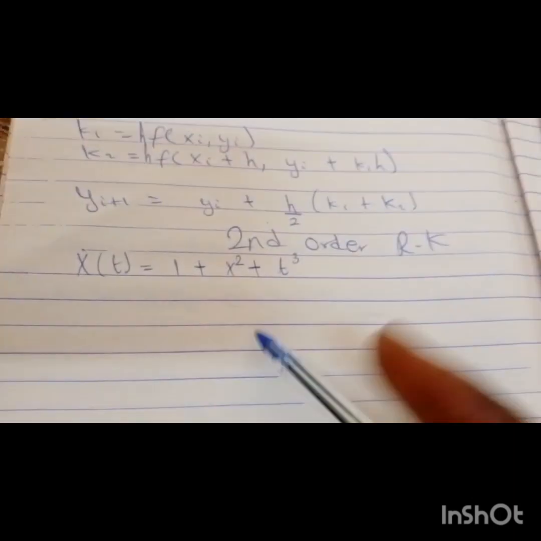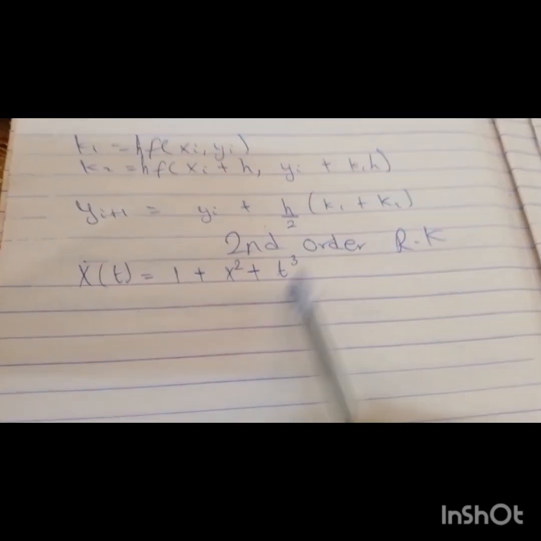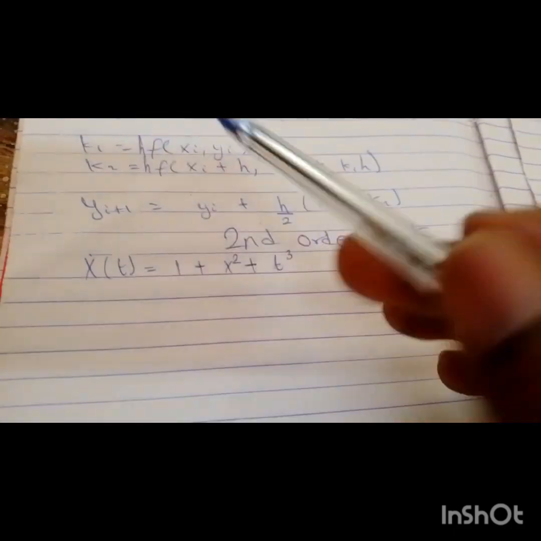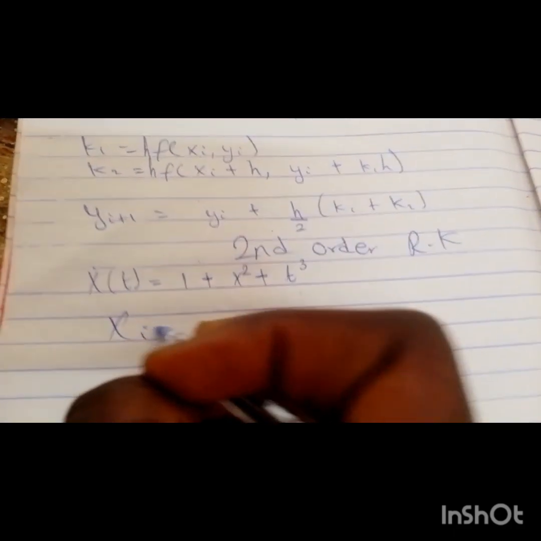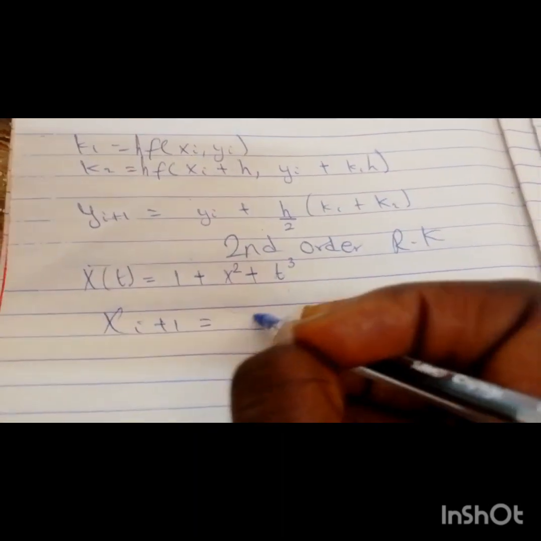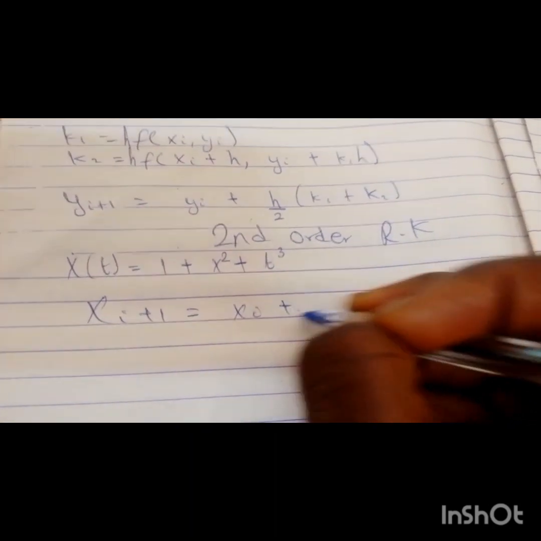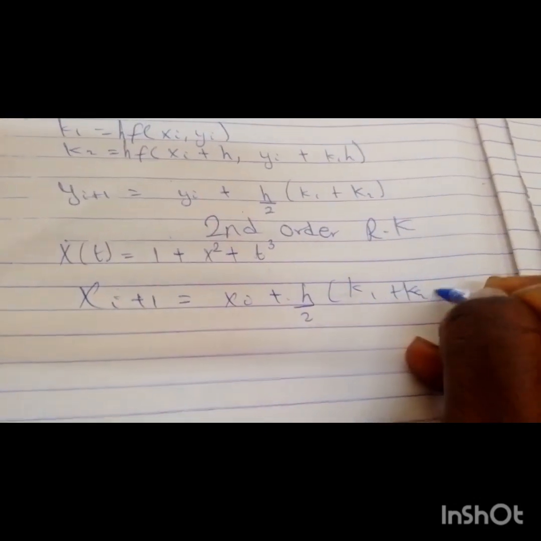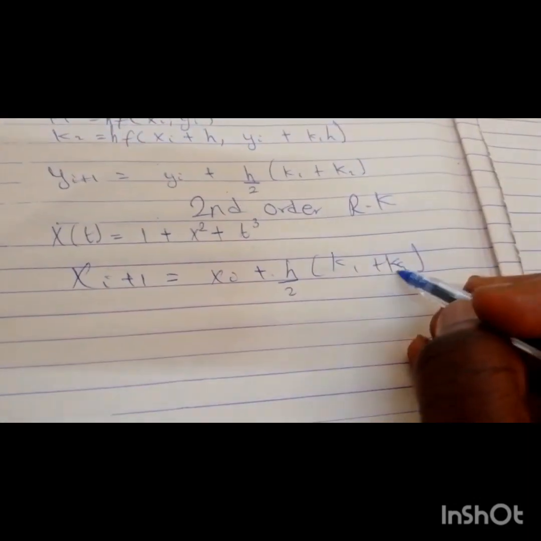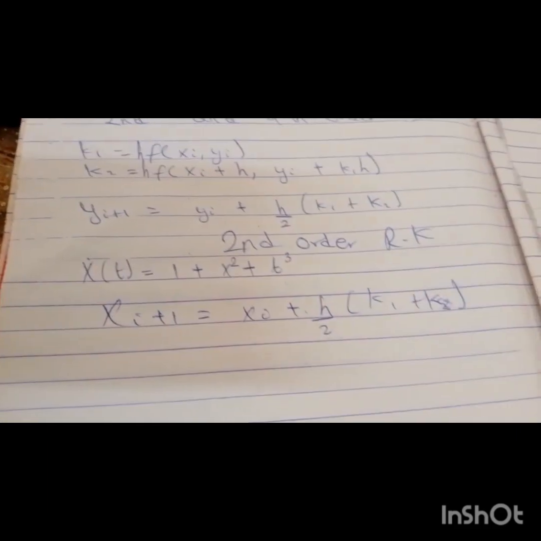Now let's say you have this equation. Now let's tailor this equation to look something like this, or maybe a more appropriate one since we don't have a y here. So that means that we'll have our x(i+1), right, to be xi plus h/2 (k1 plus k2), right?